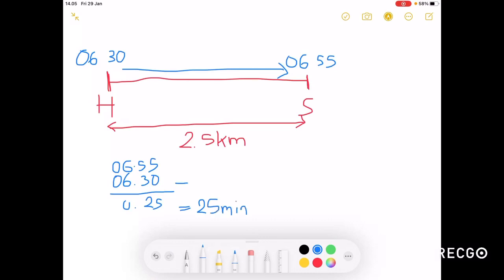And since we want to make it into kilometers per hour, it's probably best to change this into a fraction in hours. So you can just divide this by 60, because 1 hour is 60 minutes, and this will leave us with a simplified fraction of 5/12 hours.